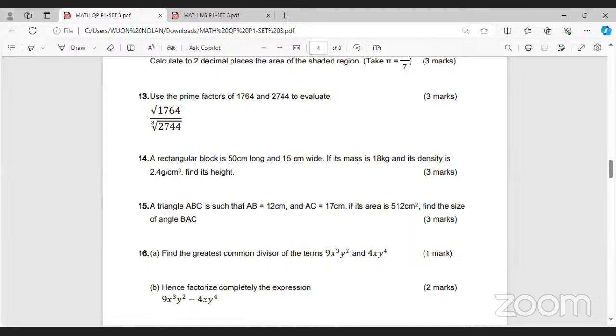Then we chat in our answers. One minute, then we chat in our answers for question 13.